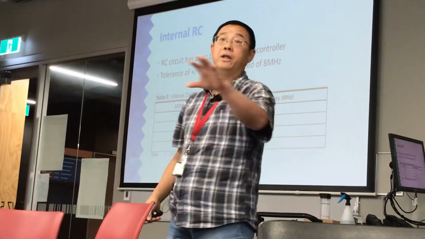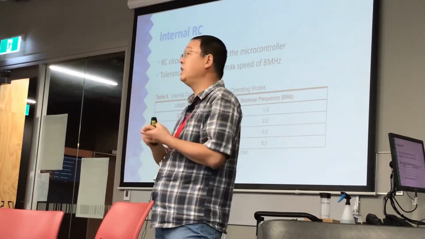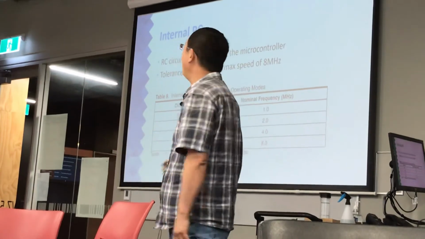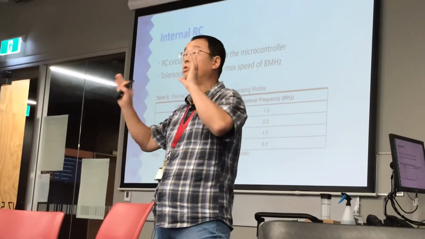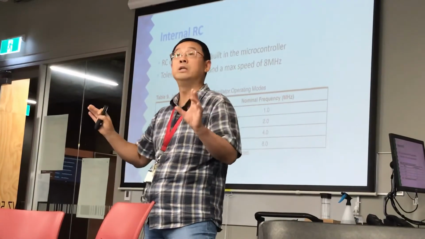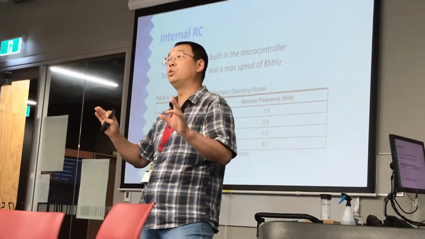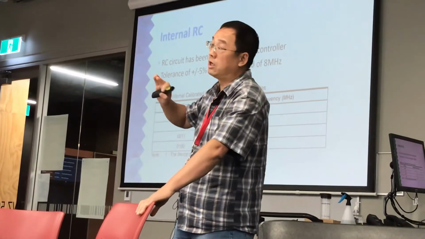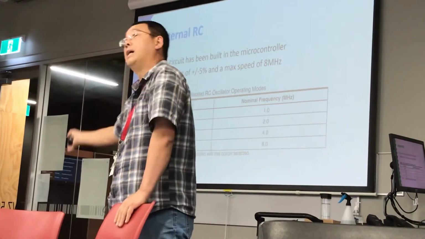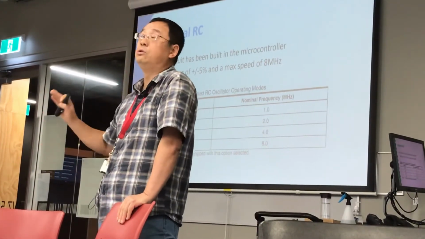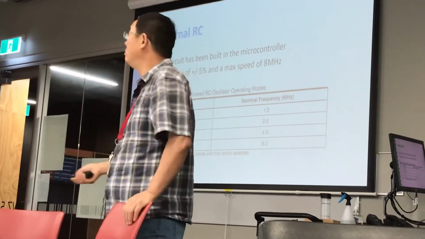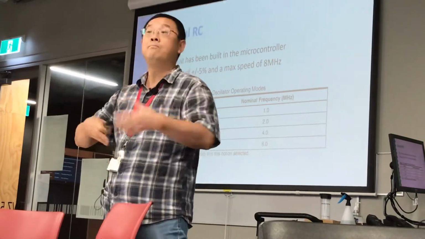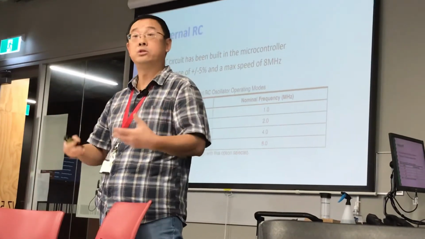All the programs from the second project to the last project, we're going to use the internal RC clock because we are not going to deal with very accurate things. We're not going to use the microcontroller to talk with SPI, I2C, or UART, and we won't set up the timer. So we can use a low accuracy clock.